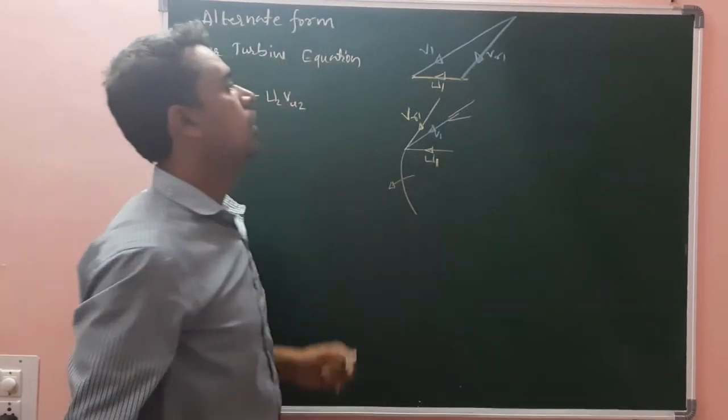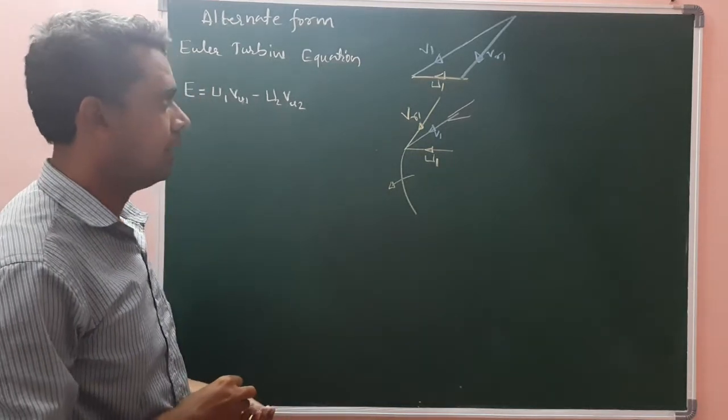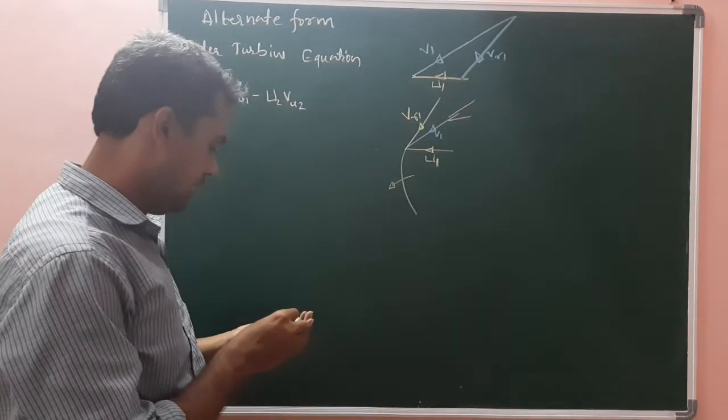This is the velocity triangle at the inlet.